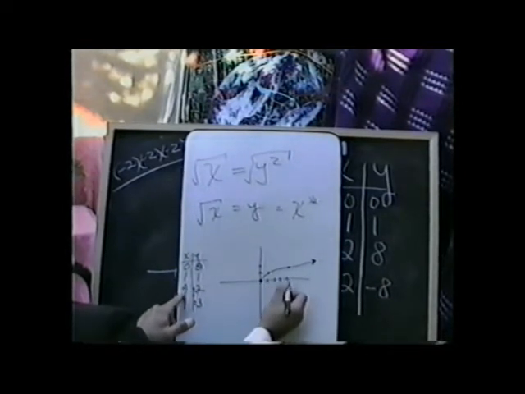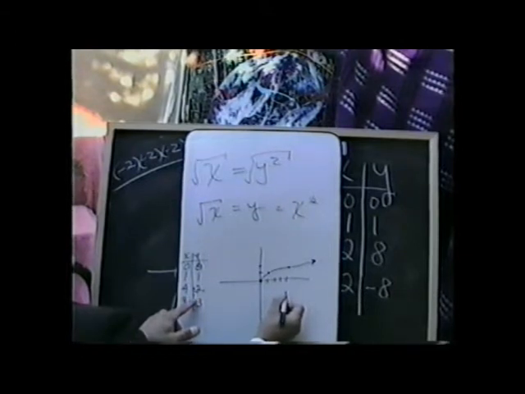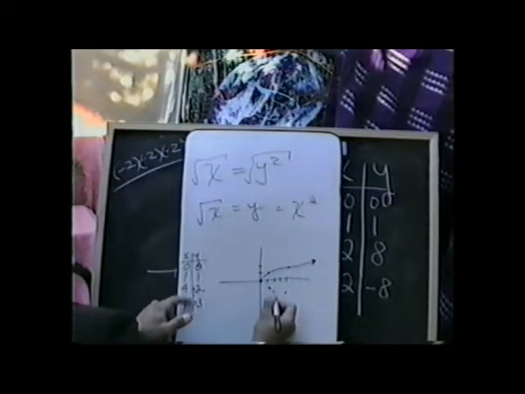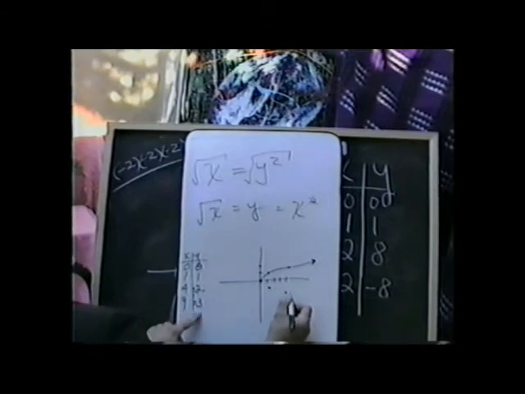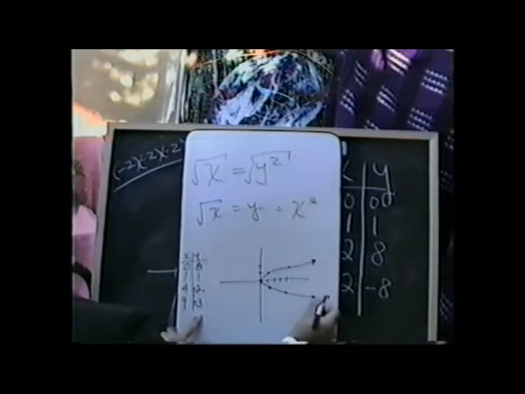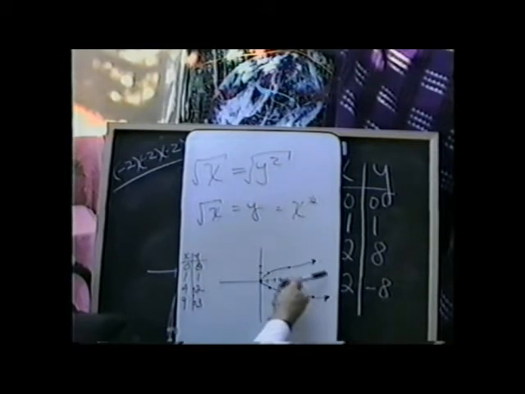If x is 4, now y would be minus 2, so we're down here. If x is 9, minus 3. This graph's that way. All positive values for x in the square root.